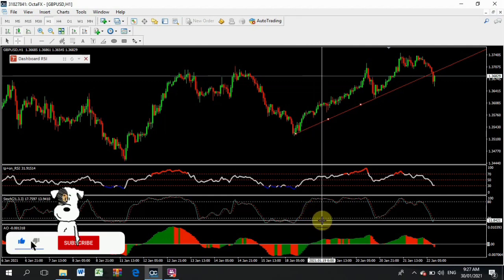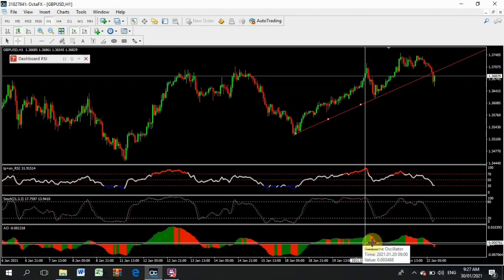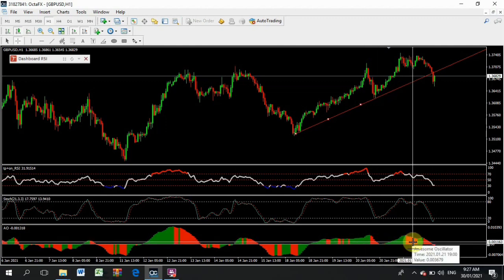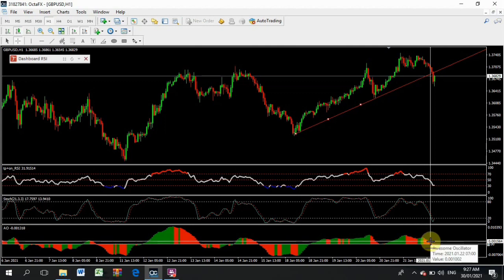You will use this awesome oscillator just to stay more in that trade, because whenever the awesome oscillator is up like this, it's an uptrend, and until your awesome oscillator crosses below, that's when you opt out of that particular trade.